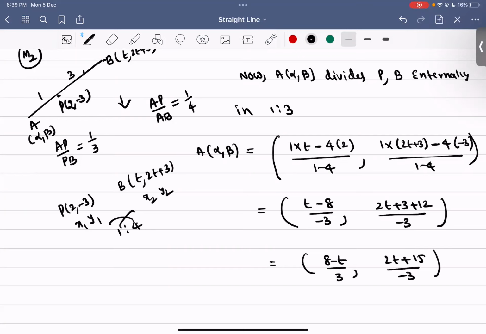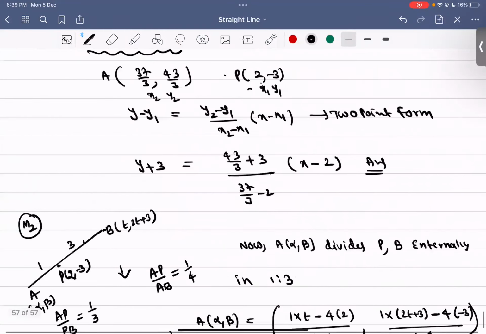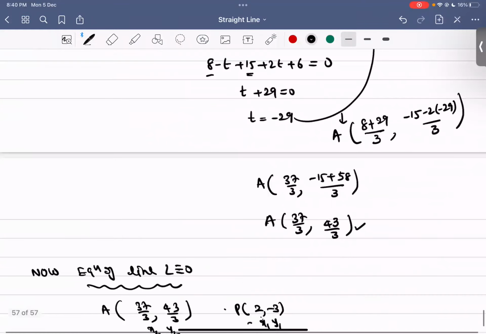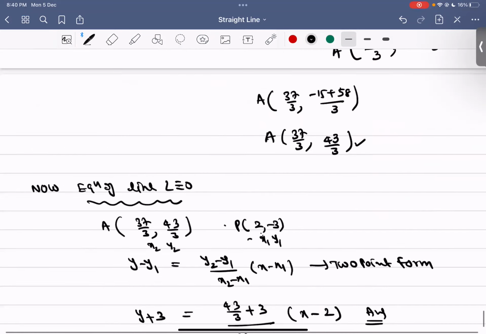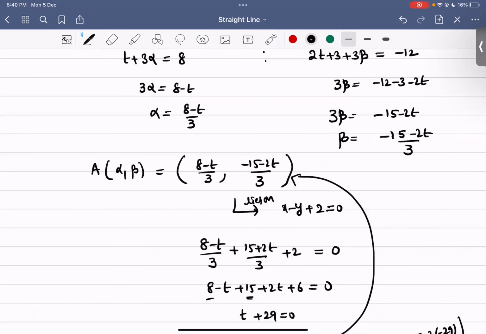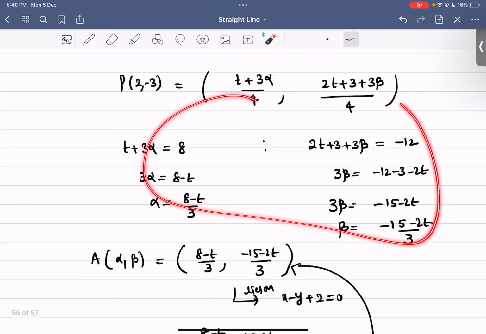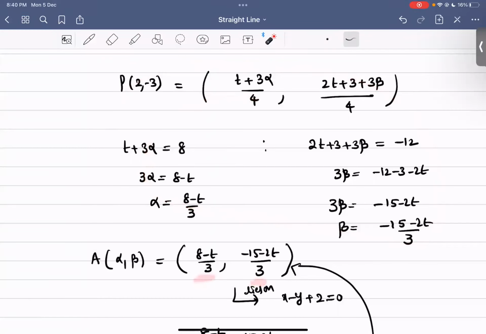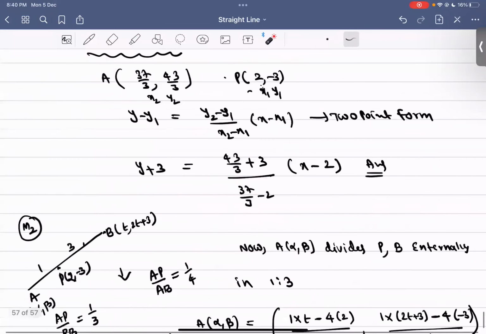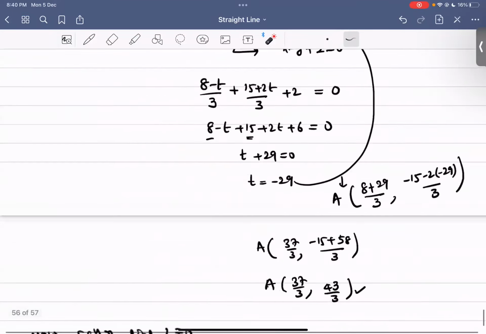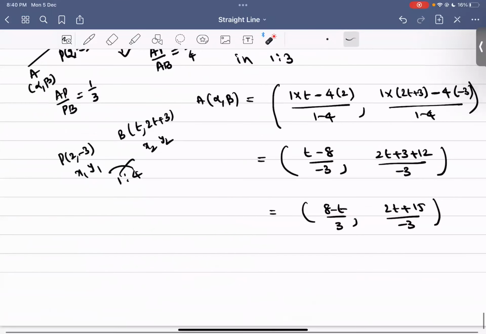So these are the coordinates of A. Directly we got. Yes or no? Simple. See, here we have done this much algebra to get the coordinates of A and B. Here in one step we got 8 minus T by 3 and minus 15 minus 2T by 3, where minus is taken in the numerator.